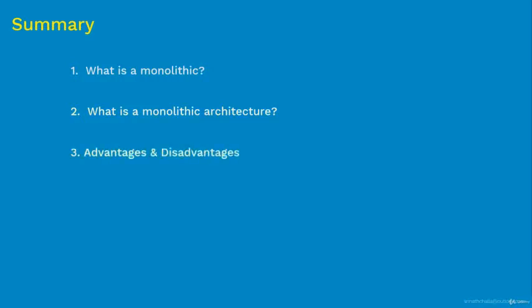Next, we discussed two primary advantages of monolithic applications. First, monolithic applications are easy to develop and deploy because of the single unit of deployment. Second, we have been developing monolithic applications for quite a few decades, almost 2 to 3 decades, so the support of IDEs and other application development tools is good. Next, we discussed 5 disadvantages of monolithic architecture.